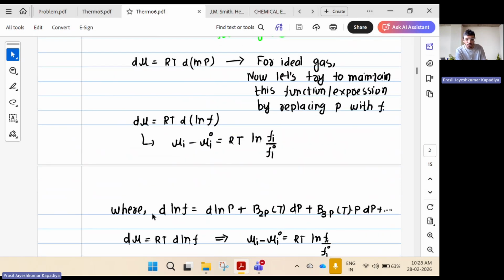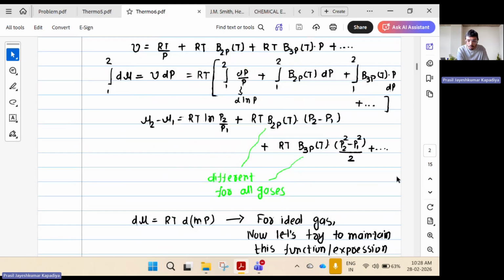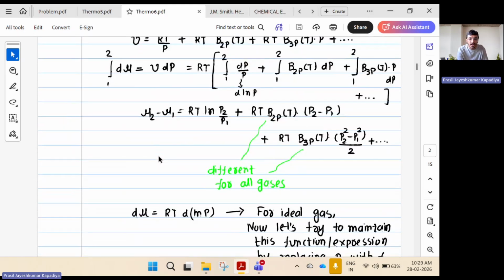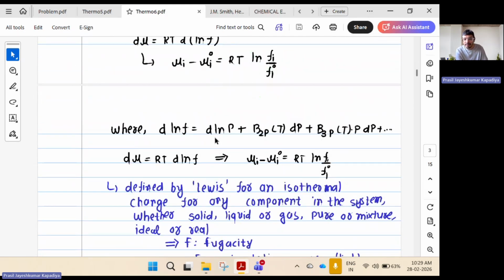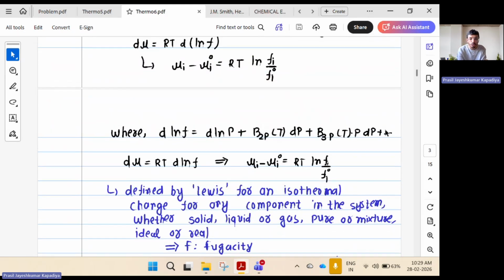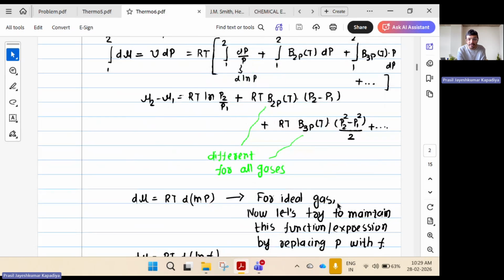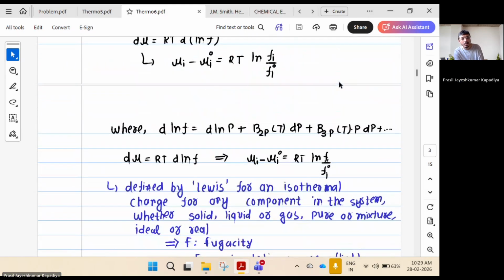Okay. So what does this d ln F be? d ln F is this whole term. d ln F is nothing but d ln P plus B2P of T dP plus B3P of T into P into dP. This whole term I am replacing with d ln F. Okay, so d mu is RT into d ln F.